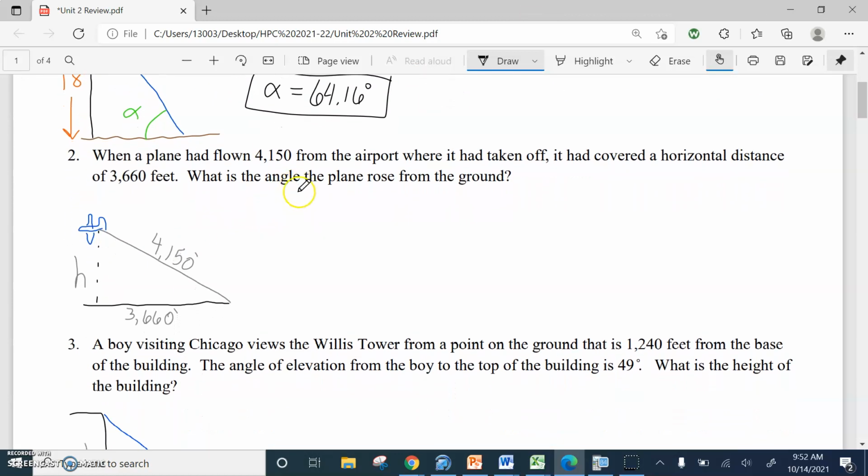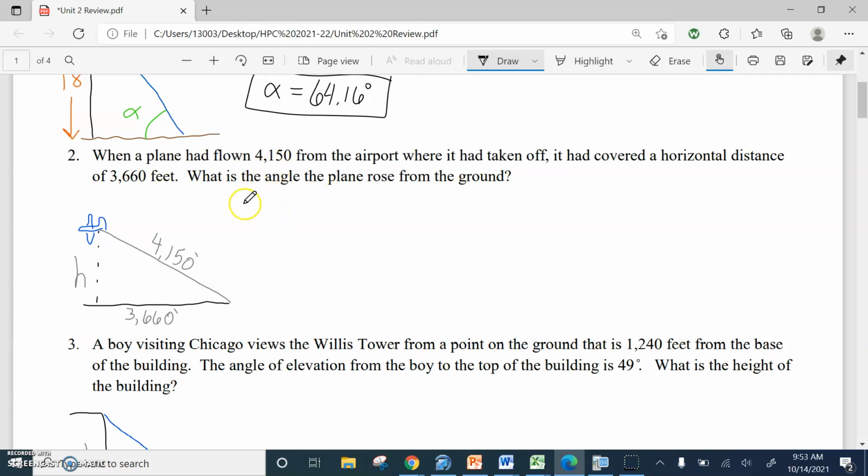Next one: when a plane had flown 4,150, I don't know, meters, miles, inches, it's flown 4,150 from the airport where it took off from. By that time, it had covered a horizontal distance of 3,660.